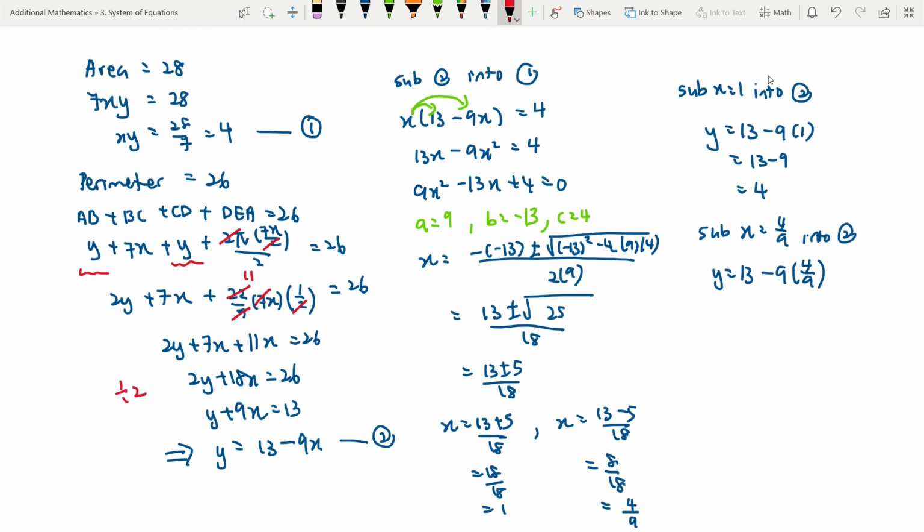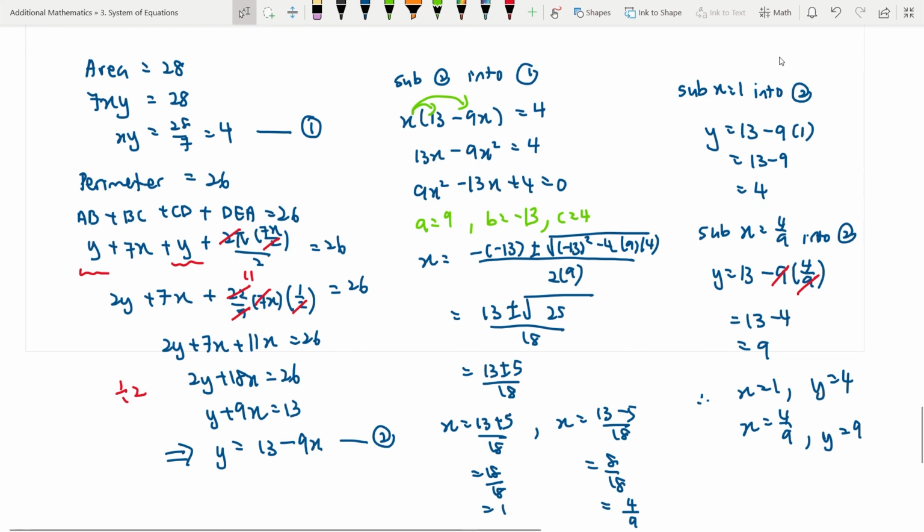We simplify the equation. We get 13 minus 4, that is 9. Therefore, we have two sets of answers. When x is 1, y is 4. When x is 4 over 9, y is 9.